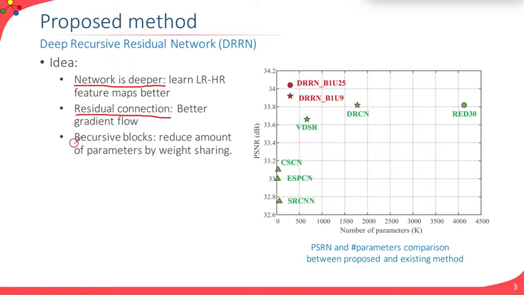And finally, they have recursive blocks. It will reduce the amount of parameters by weight sharing. By this architecture, it can achieve the highest PSNR while the number of parameters is still low.